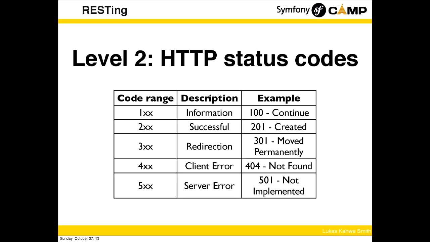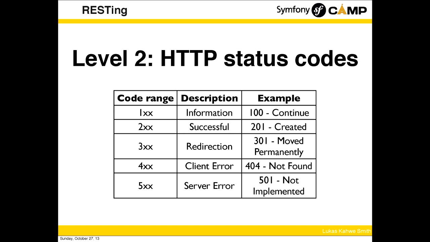What is really important about level 2 is that this is one of the key aspects that allow reverse proxies like Varnish and so on to operate. And if you violate these concepts, then reverse proxies will most likely give very bad results for your application. So following these principles is very important.